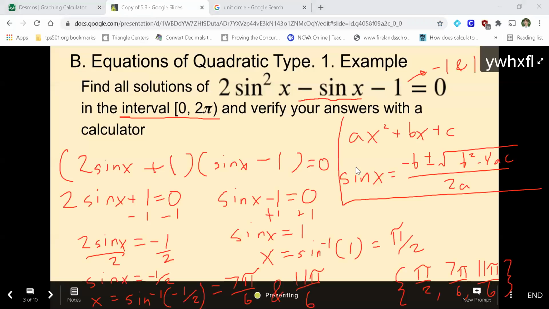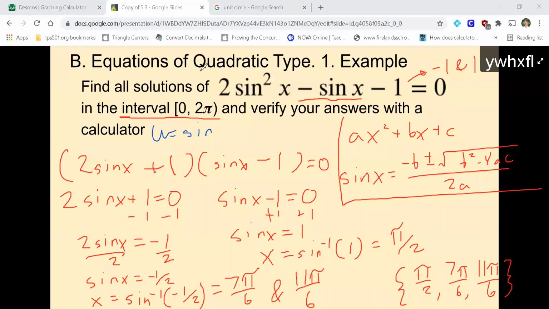Okay. And again, if all that's really messing you up is the trig part of this, if that's intimidating, you could make this problem a little bit easier if at the beginning you say u equals sine of x and substitute that to get 2u squared minus u minus 1.